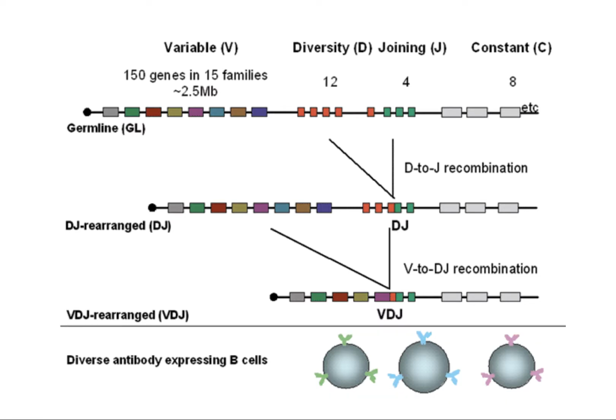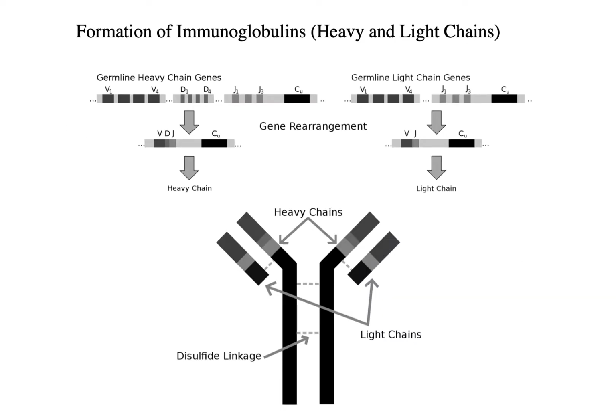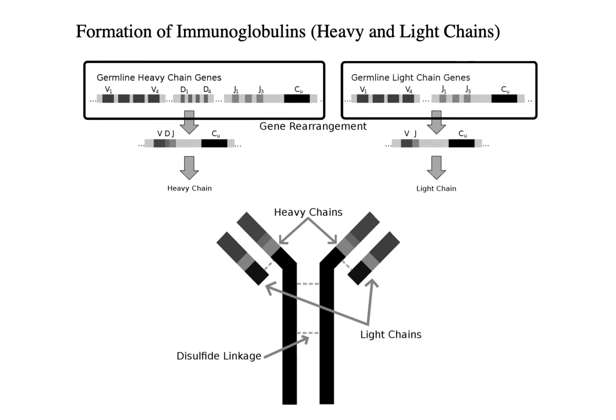Because of the diversity in the V region, they can produce literally billions upon billions of different combinations of antibodies. And notice that each one of the immunoglobulins has a heavy chain, a longer chain, and a lighter chain. So each of these come from separate loci within the genome of those organisms.